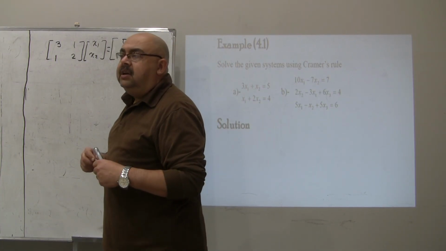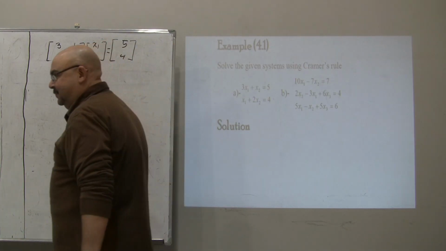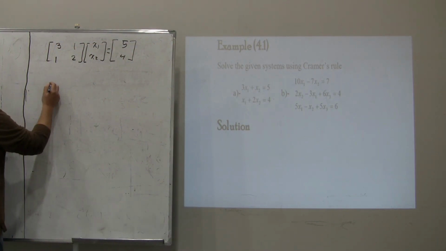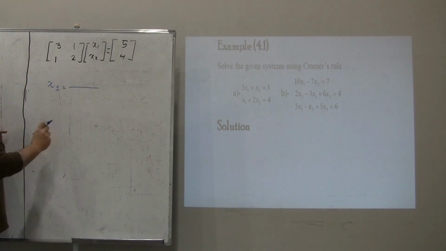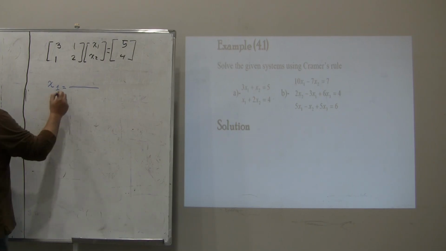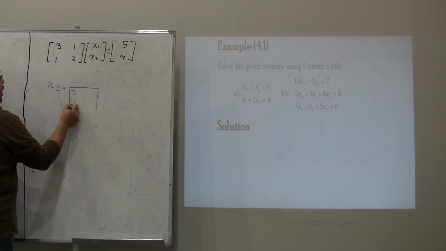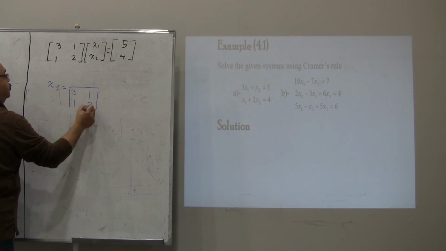Look how nice it is, Mr. Hazan, to evaluate using Cramer's method. It's really simple. So I will go like this. x1 is going to equal... I will evaluate the value of the main determinant. What's the value of the main determinant, Ahmed? It's going to be 3, 1, 1, and 2.